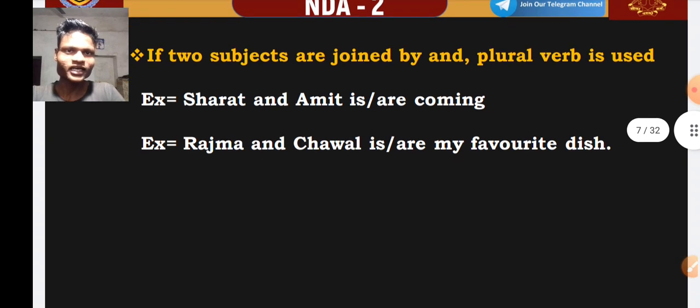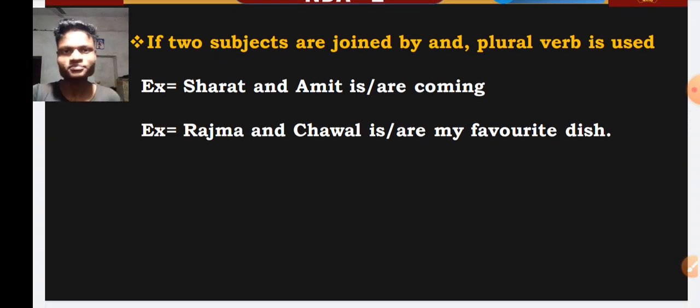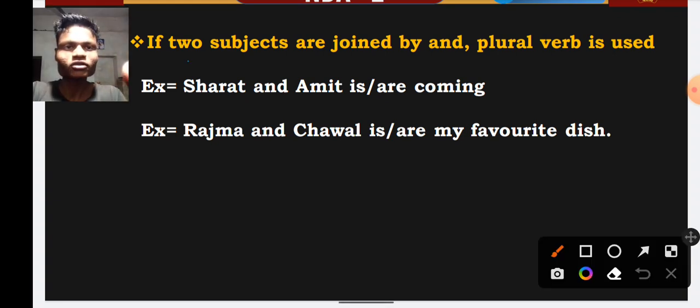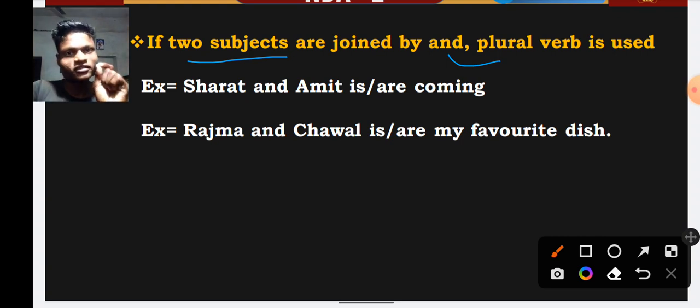So go ahead. And here is a slide where the rules of subject verb agreement exactly start. What does the first rule suggest? If two subjects are joined by and, generally this subject is considered a plural subject.